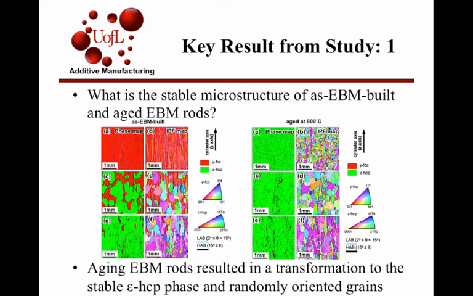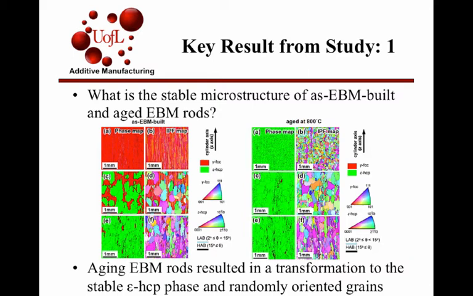The red is a gamma FCC, or face-centered cubic, microstructure, and the green shows an epsilon HCP, or hexagonal close packed, structure. The gamma structure, they said, was a metastable phase, so it's stable as long as it's not subjected to high loads or only minor disturbances. The green is the epsilon phase, which is a more stable phase for this process.